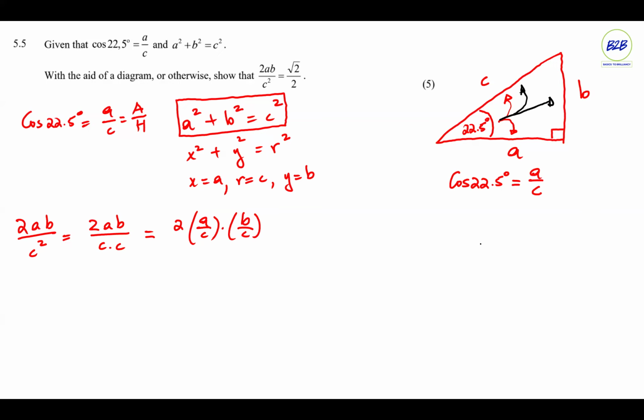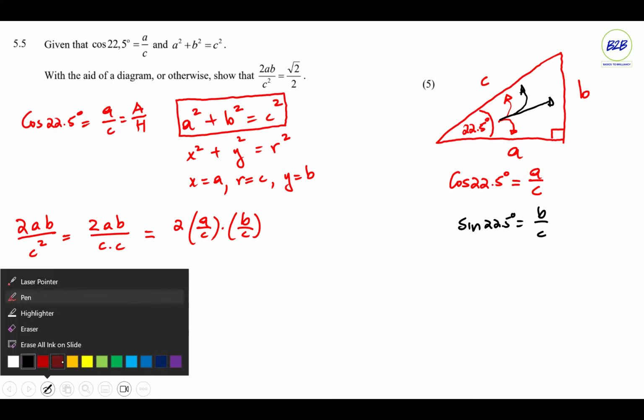Now that is the opposite side over C, which is the hypotenuse. Sine 22,5 degrees, opposite side being B and C being the hypotenuse.